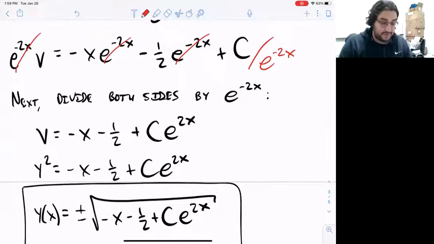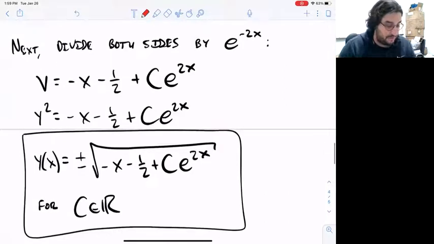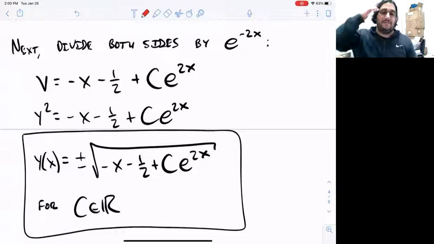v then is y squared. That was our substitution. And then take the square root of both sides. There's your result, right? y of x equals plus or minus square root of negative x minus 1/2 plus c e to the 2x, for c some real number. This plus or minus maybe looks a little strange having it in your solution at first. It's not a big deal. If you had an initial condition, you would know which it is, the plus or minus, right?